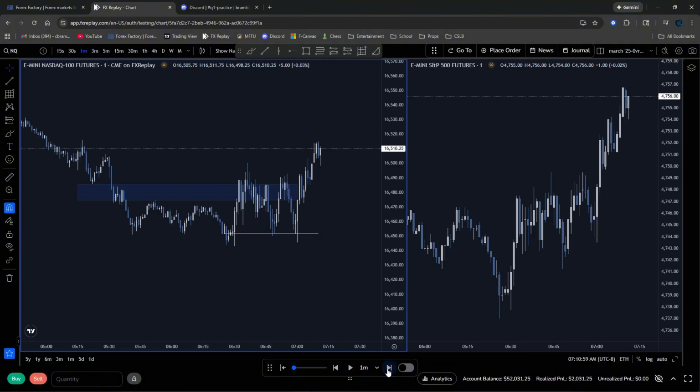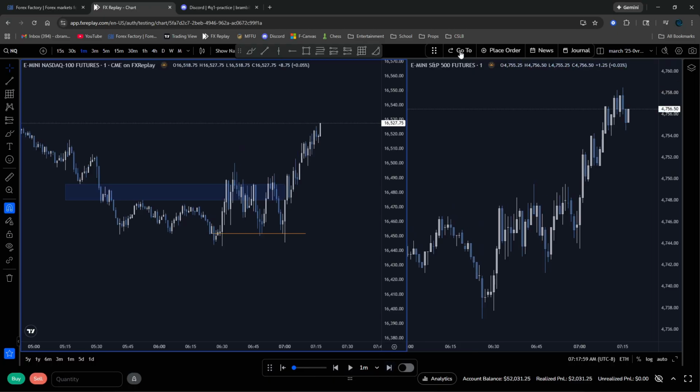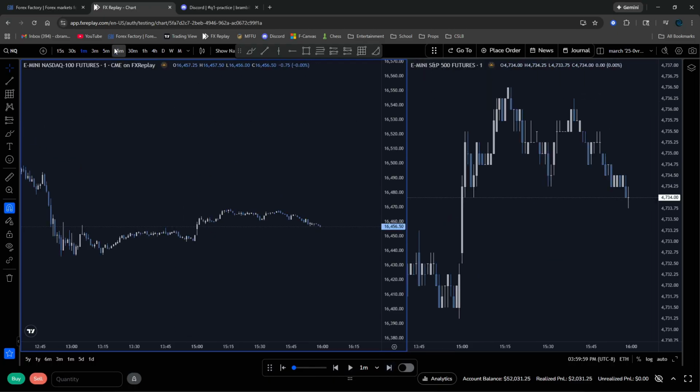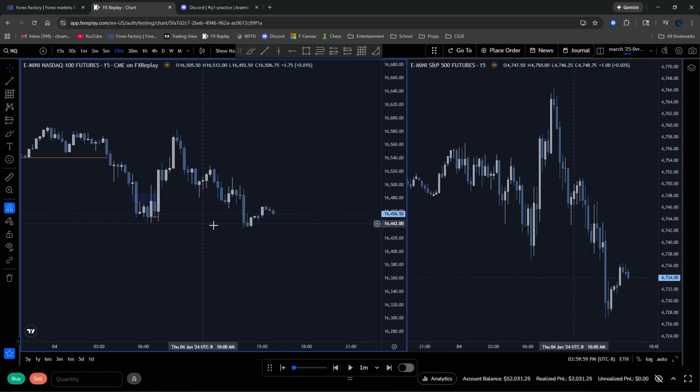Relative equal lows generated. I'm not trading this. Hell no.